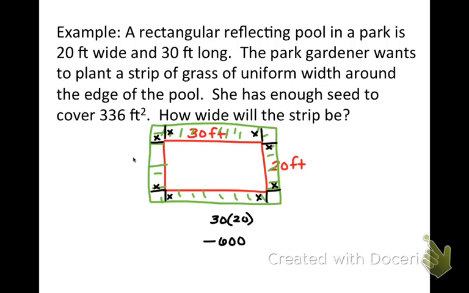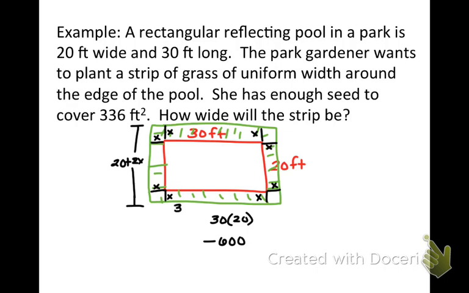What would be the width of the big rectangle? Well, we know from here to here is 20. From here to here is x. From here to here is x. So the whole thing would be 20 plus 2x. Good. So this would be 20 plus 2x for the whole width. What would be the length? 30 plus 2x.